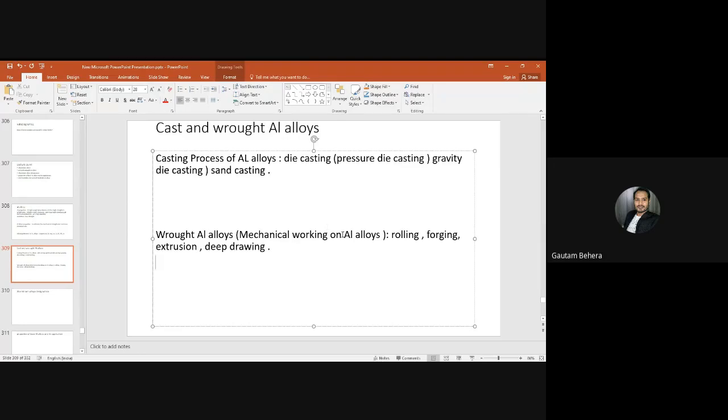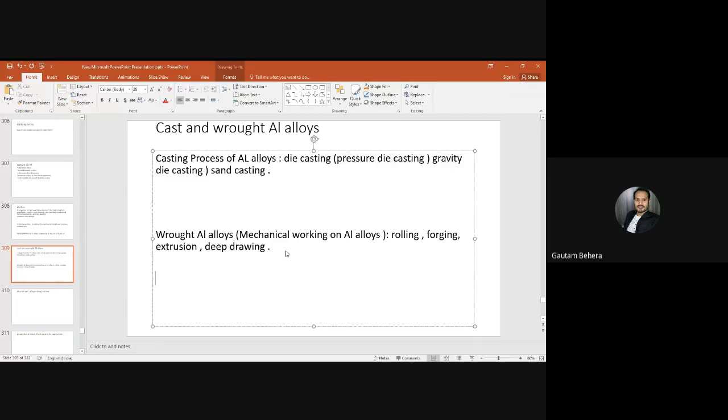So you understand why heat treatment is essential, because we are doing mechanical working. Sometimes we need high ductility so that we can deform it more and more. And sometimes with these alloys, we can go for strengthening also. So heat treatment is essential in that case.